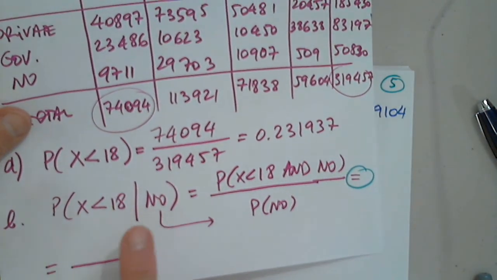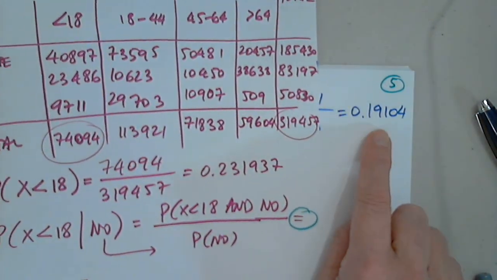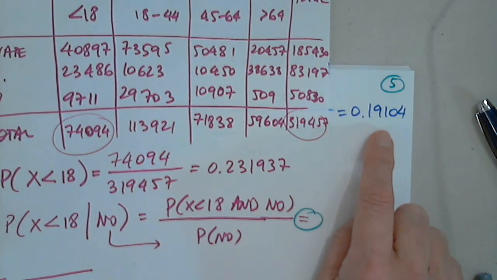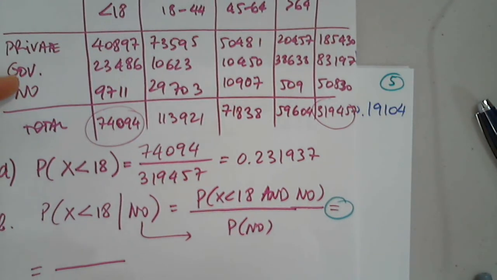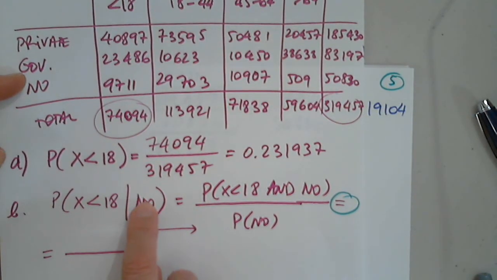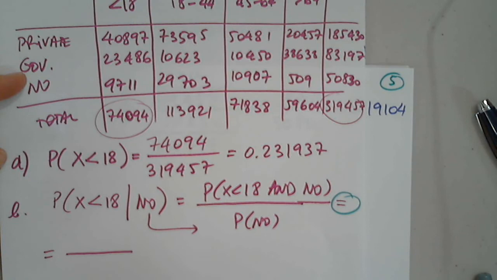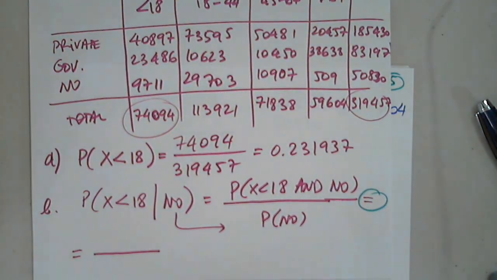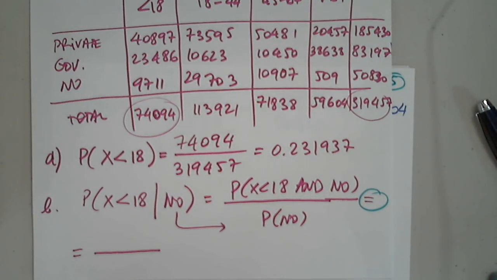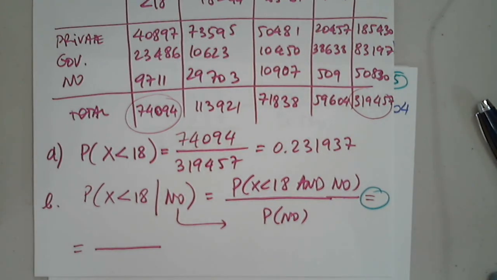So knowing that they have no insurance now changes the outcome, changes the probability. Since these two are not equal, and they should be equal if they are independent, for any new information that's not going to change anything, but it does. The probability is different. So they cannot be independent. They must be dependent. Are the events independent? No, because the probability changes once I have some more information. So they cannot be independent.